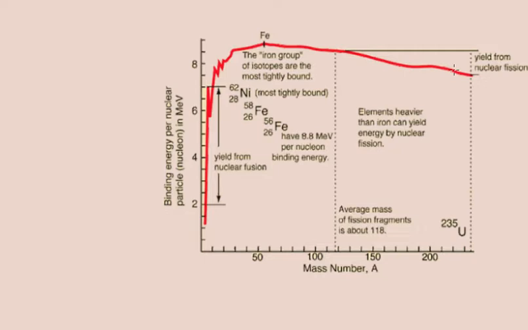Once we get these big nuclei, they break apart in nuclear fission to make smaller nuclei. The average product of nuclear fission has a mass number of 118.